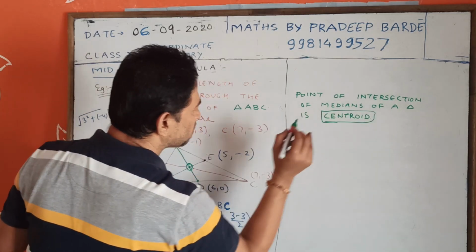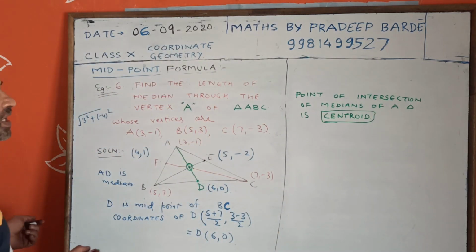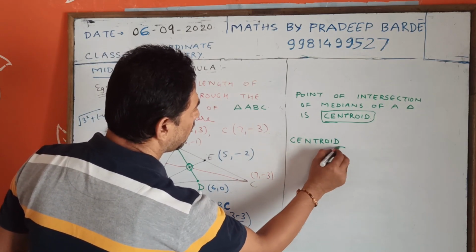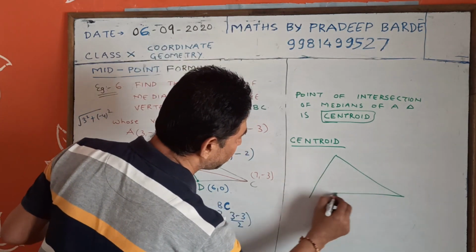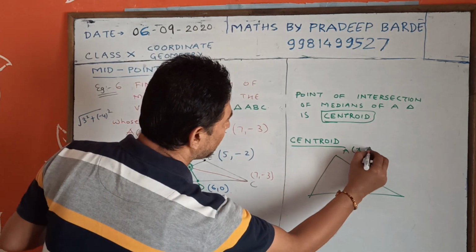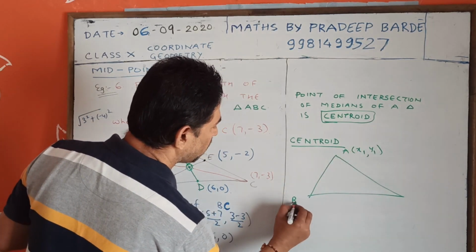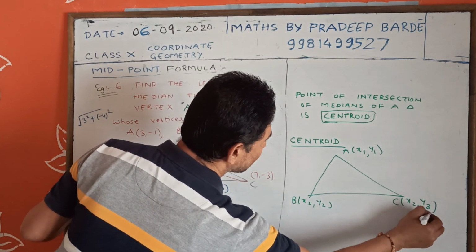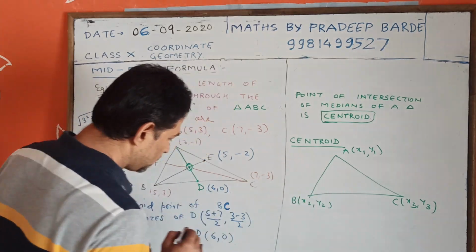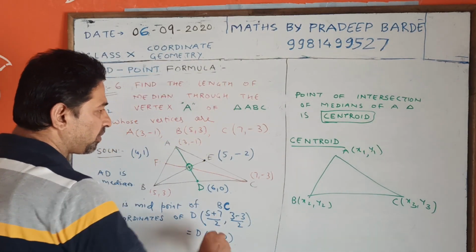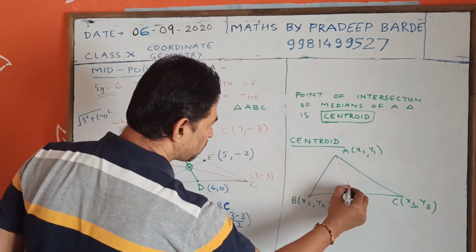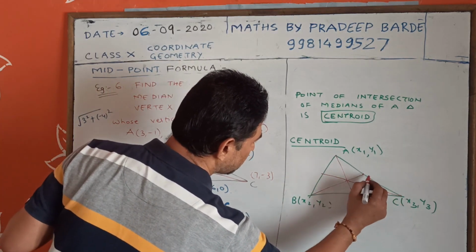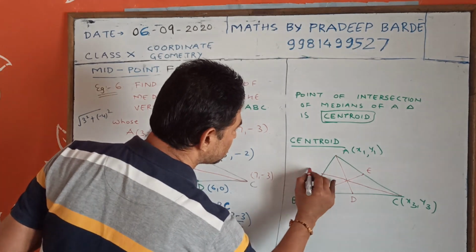Centroid. तो बच्चों centroid के कोऑर्डिनेट्स यदि आपको निकालना है, the coordinates of centroid are given by the formula. A के कोऑर्डिनेट्स है (x1, y1), B के कोऑर्डिनेट्स है (x2, y2), C के कोऑर्डिनेट्स है (x3, y3). तो यहाँ पे तीनों मीडियंस बनाते हैं, तीनों का पॉइंट ऑफ इंटरसेक्शन आएगा. This is one median, this is another median, and this one is the third median. So this is AD here, BE here, CF here.